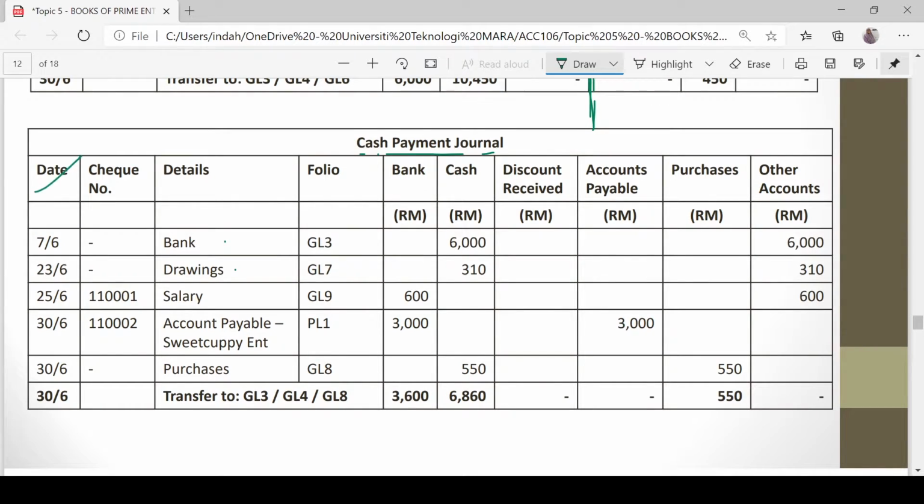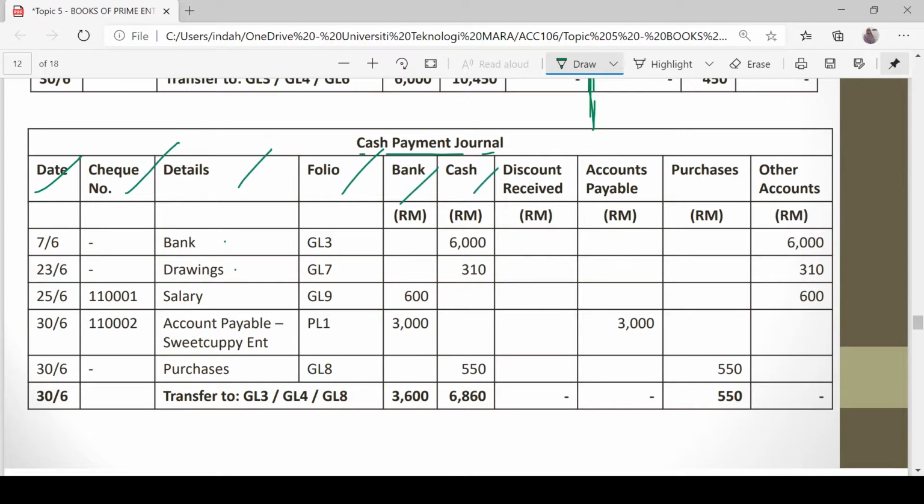Here we have the date, then check number. Why check number? Because sometimes instead of using cash, we make a payment using a check. Or if you prepare a voucher to support the cash payment, you can write voucher number here. Then details, and folio, to assign the code of the account.